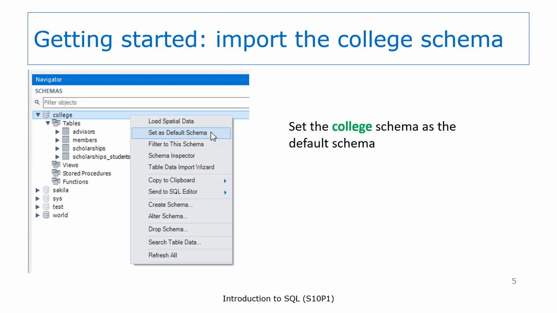Finally, right-click on the college schema and click the Set as Default Schema item from the pop-up menu, as shown on this slide. Remember, if you have set a schema as the default schema, you don't have to schema qualify the table names in the SQL statements that you write. If you do not set a default schema, then you need to put the schema name as the first part of the qualified table name in your SQL statements.